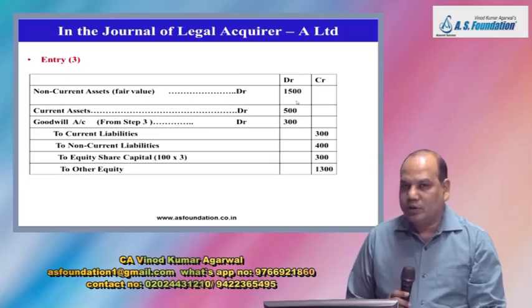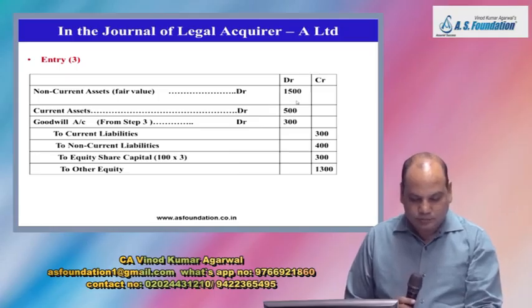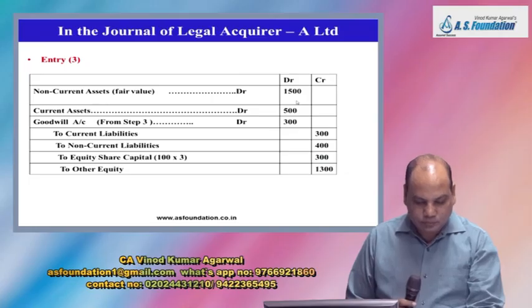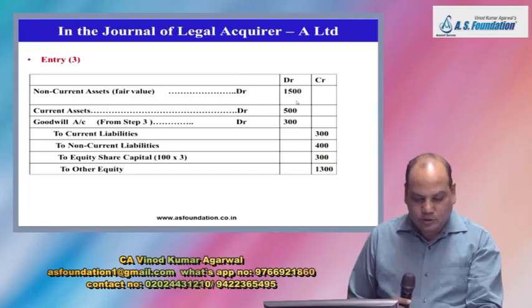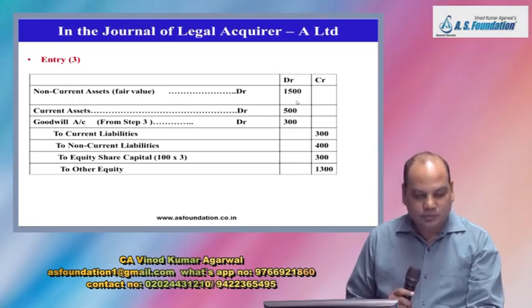Current asset account debit 500. Goodwill account debit 300. To current liabilities 300. To non-current liabilities 400.